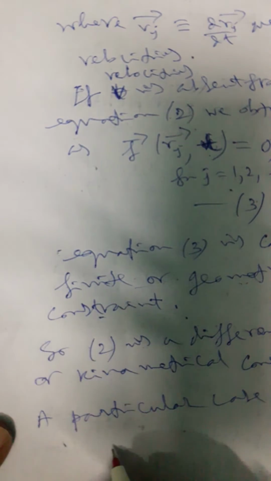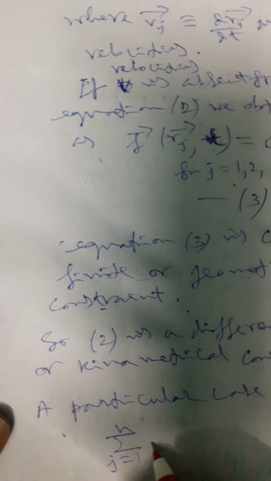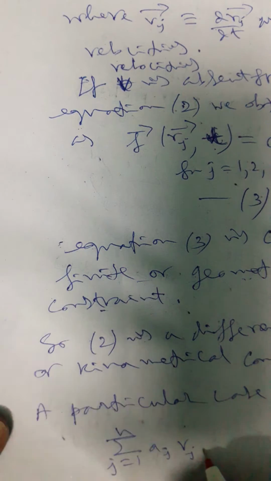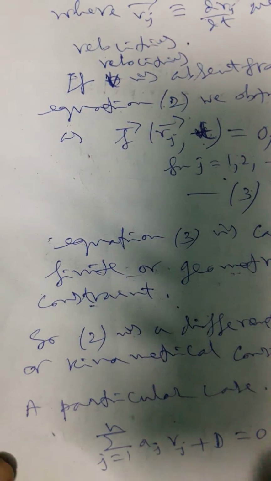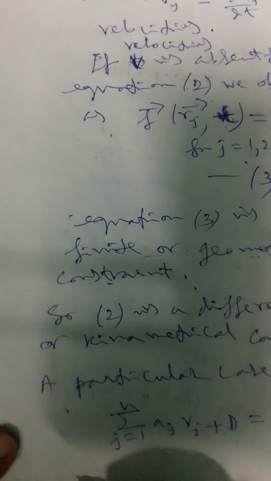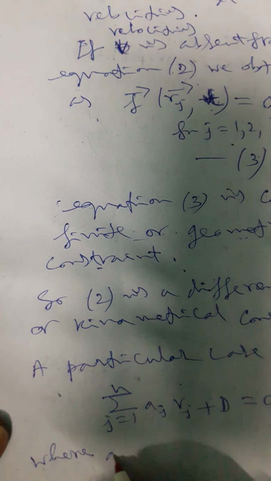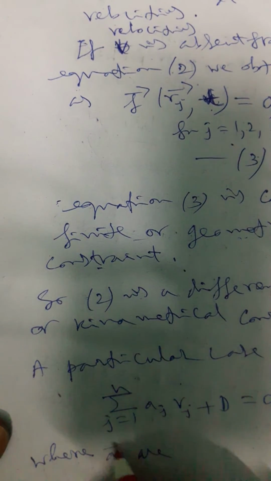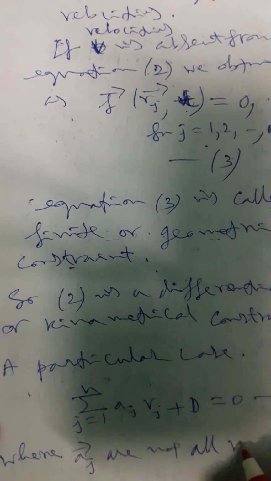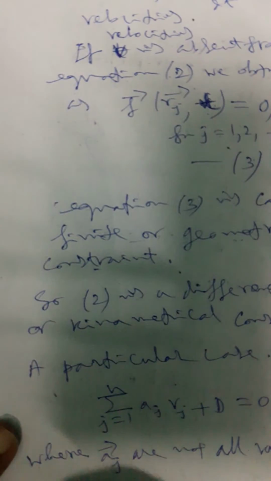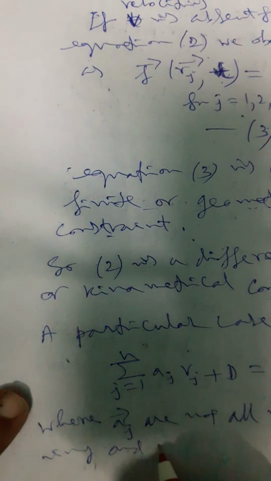For j equals 1 up to n, aj dot vj plus d equals to 0, taking equation number 4, where aj are not all vanishing, and d is a scalar function of R and t.